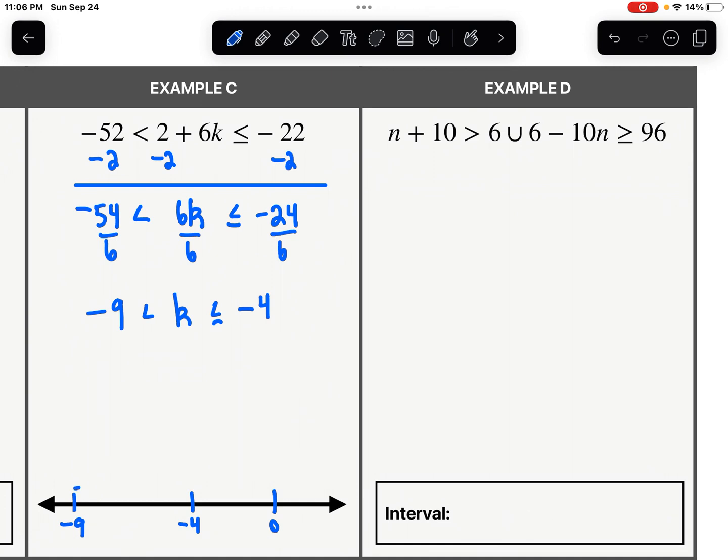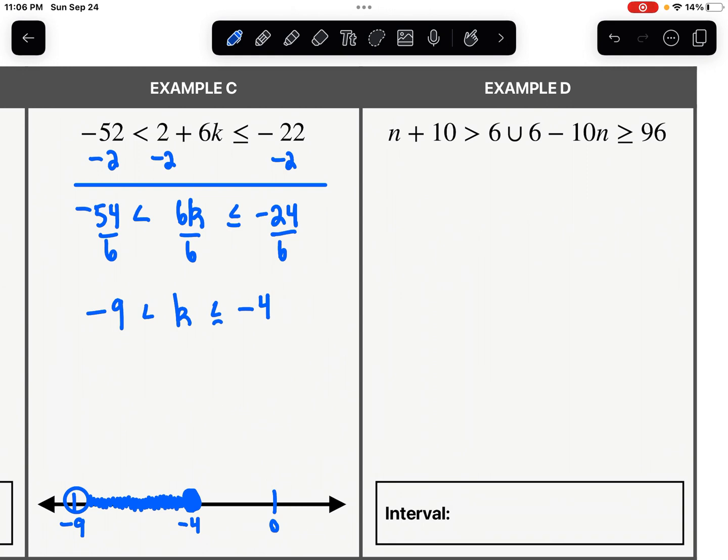It's going to be an open circle on negative 9, because it's not inclusive, and a closed circle on negative 4, and then we're going to shade in between them. Beautiful. So again, this is a compound AND inequality. And you'll notice that we're still isolating the variable, but we have to use those inverse operations on all sides.